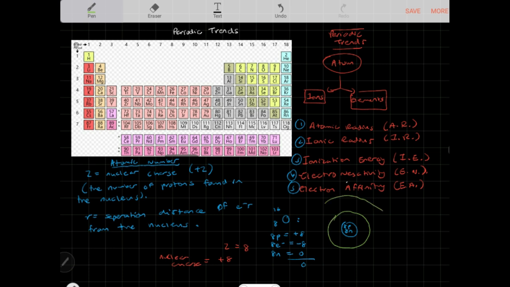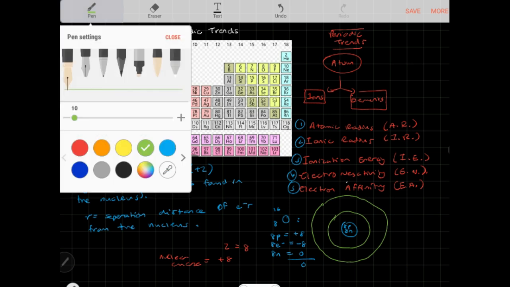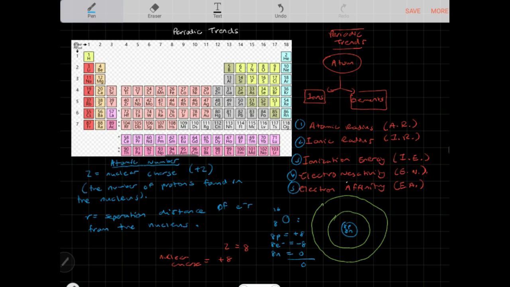Each shell has, as we discussed earlier, subshells and orbitals particularly, but it's not too important right now. We're going to have 2 electrons here, and we're going to have 8 electrons here. I'm just going to group them into their respective orbitals. I'm just using Bohr's model to make it simpler.